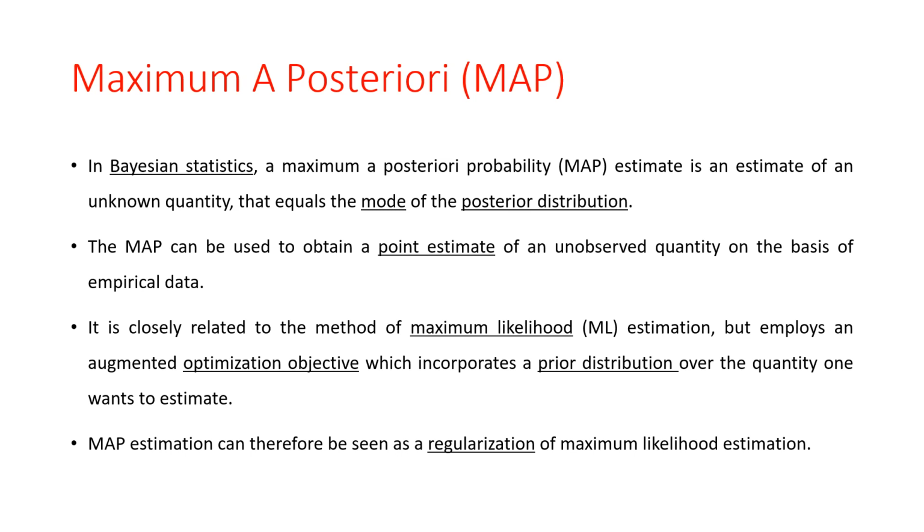This maximum a posteriori can be used to obtain a point estimate. As I already said, the estimate has two kinds: point estimate and interval. MAP is used to obtain the point estimate of an unobserved quantity on the basis of empirical data.